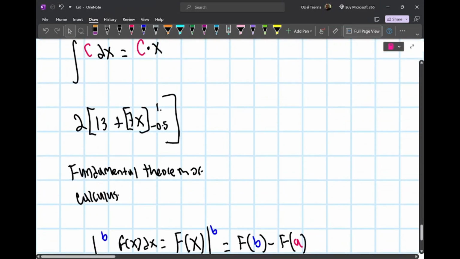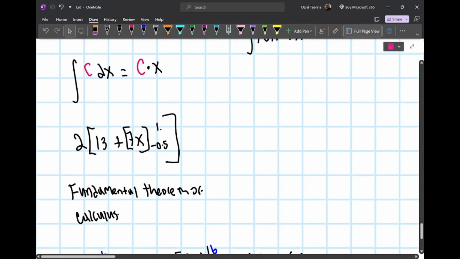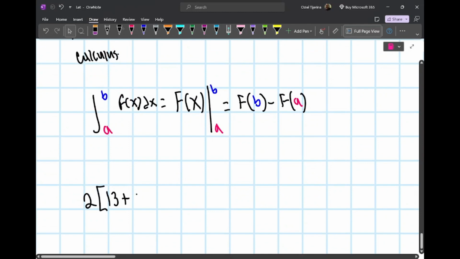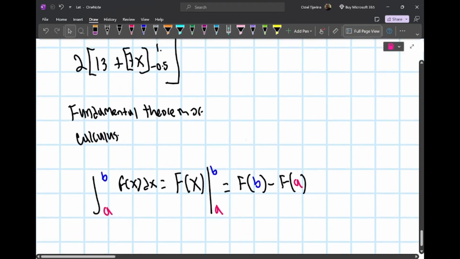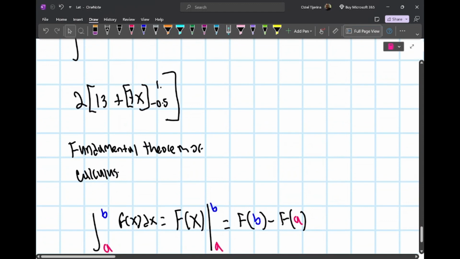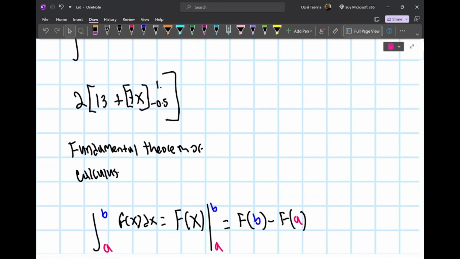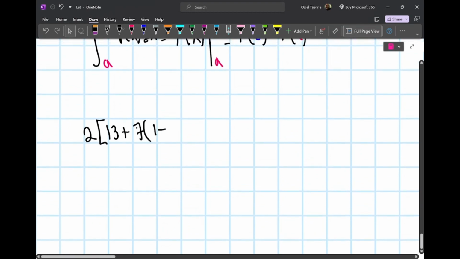It's going to be 7 times the quantity, and we can actually just do the difference of x from 1 to negative 0.5. So it's going to be times the quantity 1 minus negative 0.5.